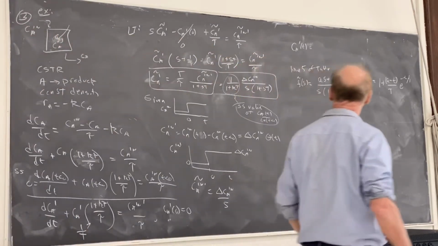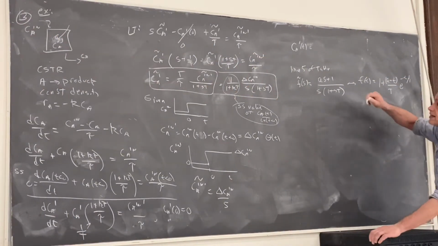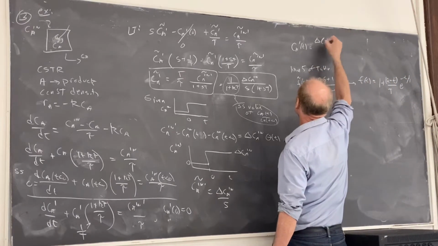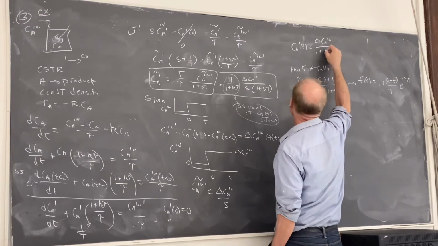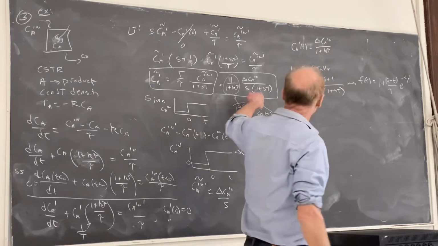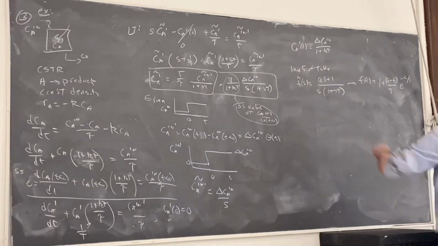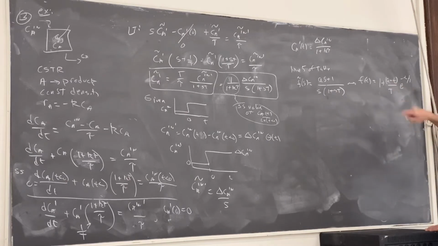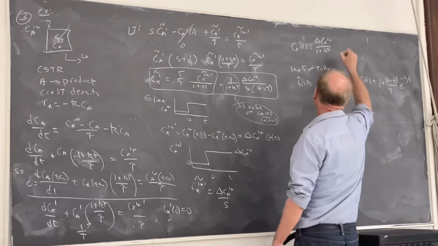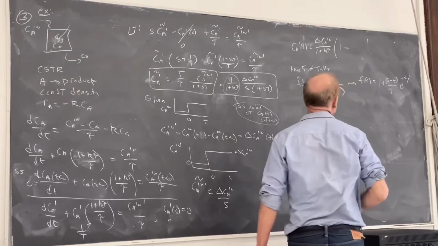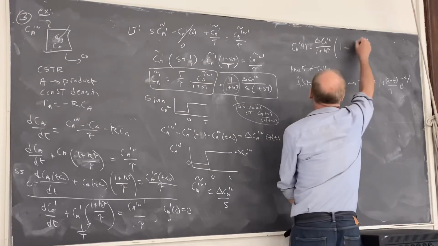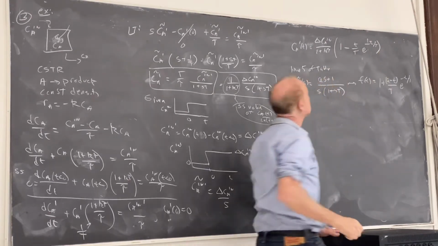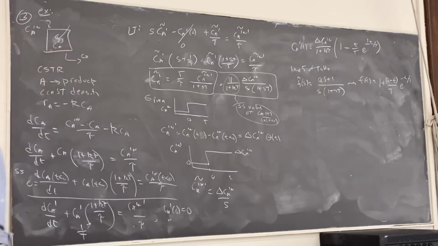The constants come along for the ride: delta CA in over (1 plus k tau). And 1 over S times (1 plus ST), this denominator here, is this when a is 0. So when a is 0, I just get 1 minus t over T times e to the minus t over T, which is the same answer we got last time.